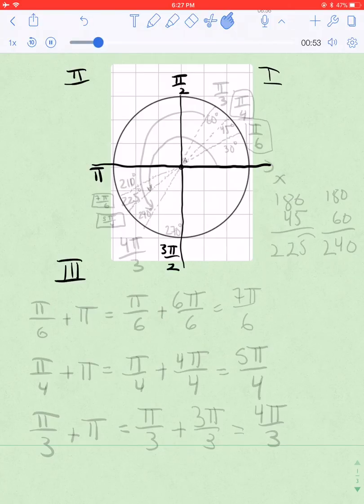And we said that if we have an angle that bisects the 90-degree angle in the first quadrant, that would be equivalent to pi over 4. But instead, if we divided from 0 to pi over 2 into 3 equal slices, we said that this would be pi over 6.